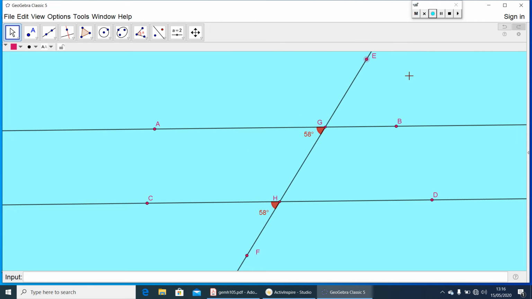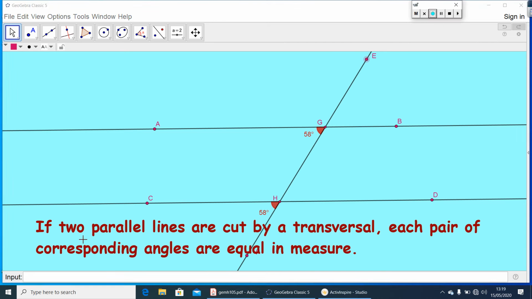Now if you take another pair, select another pair and measure it, you can also find out that both pairs of corresponding angles are equal. So we can conclude, if two parallel lines are cut by a transversal, each pair of corresponding angles are equal in measure.